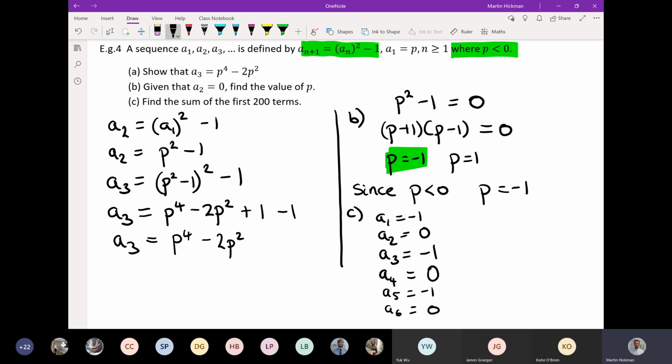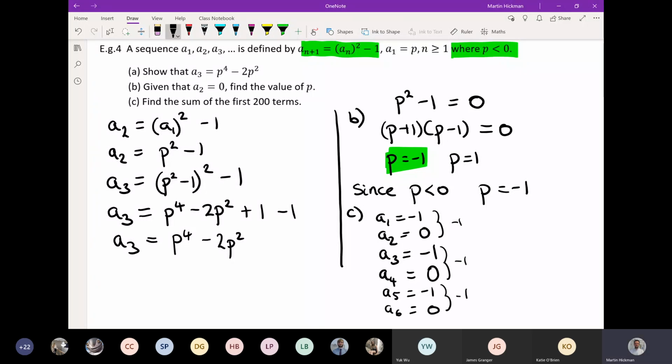It's not an arithmetic progression because there's not a common difference, because you add 1, but then you take 1, then you add 1, then you take 1. Even though it's a similar pattern, you're not adding the same amount each time. What we could do is group the -1 and the 0 together, which gives us -1.